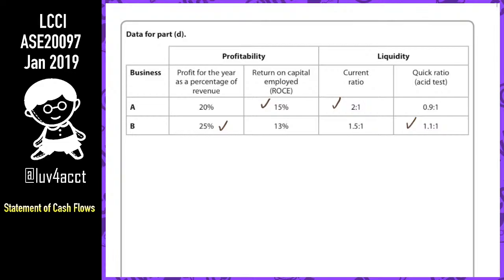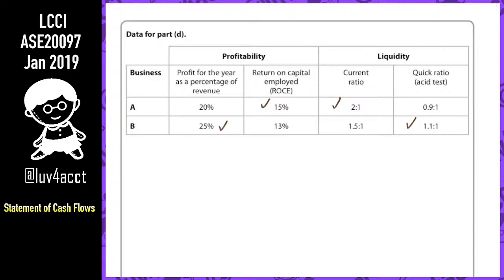You are having a 15% return on your capital. So it depends on which aspect you are using. Both can be argued, but from the investor's perspective, of course, business A is better.